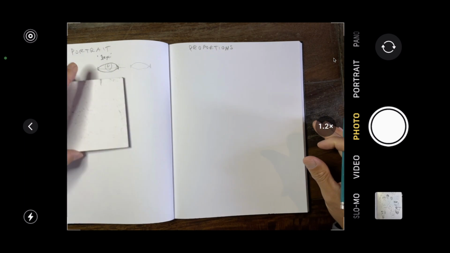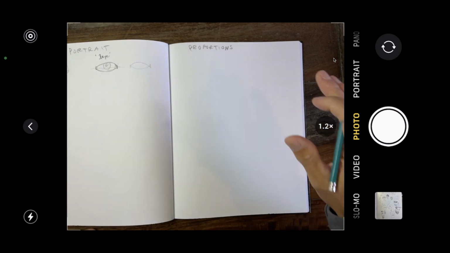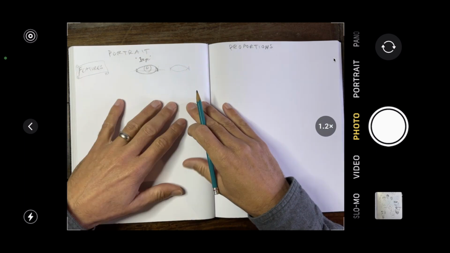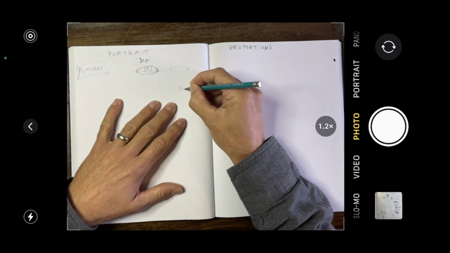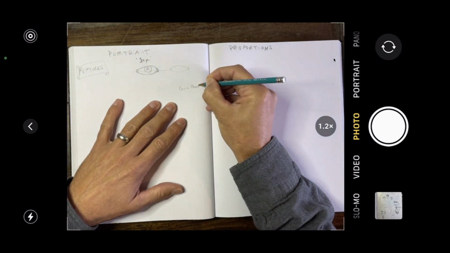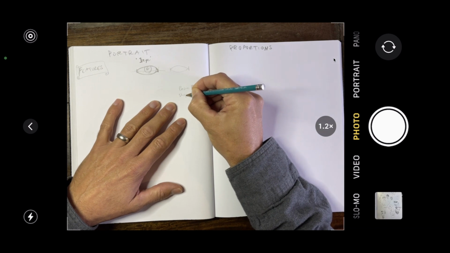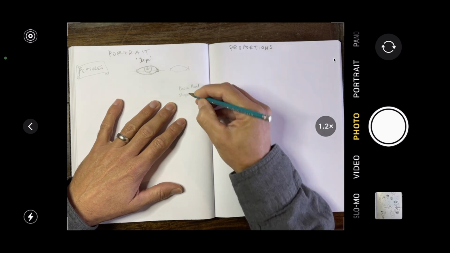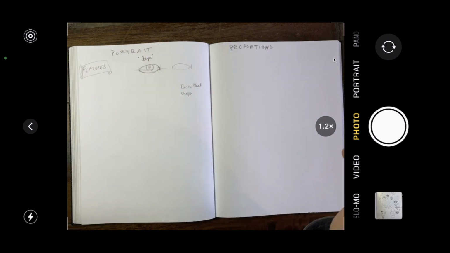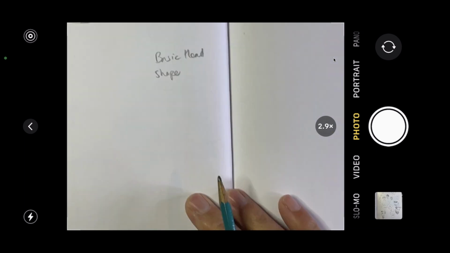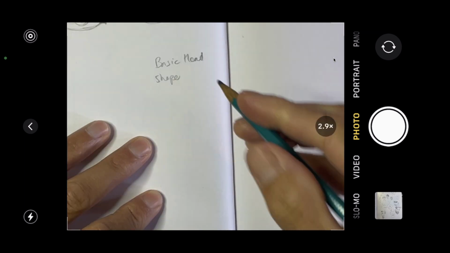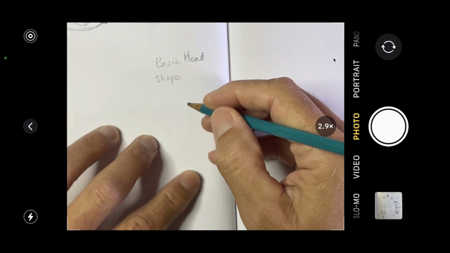Now to start with, let's do this first on the left side. Okay. Basic head shape. Okay, write that. Basic head shape. I promise you that's what it says. Basic head shape. All right, here's a way to draw the head.